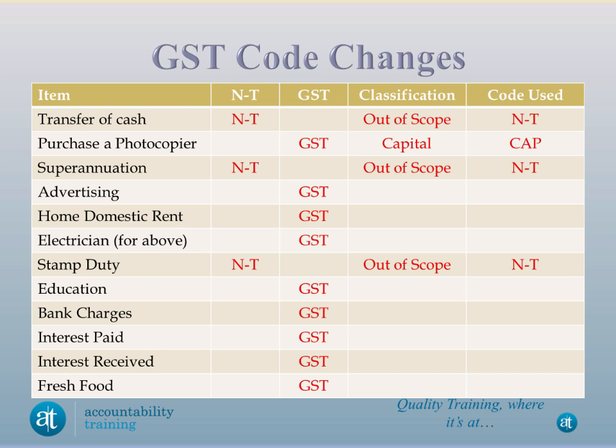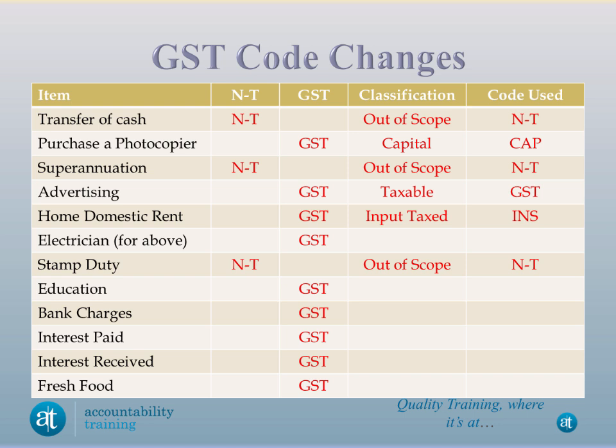So to do this, we create a CAP tax code, so it can be reported separately to the other taxable purchases. Advertising is principally the provision of a service, though it may include products as well. There are no exemptions for this under the GST Act, and no requirements to report this separately on the BAS, so the tax code will remain GST and is reported at G11.